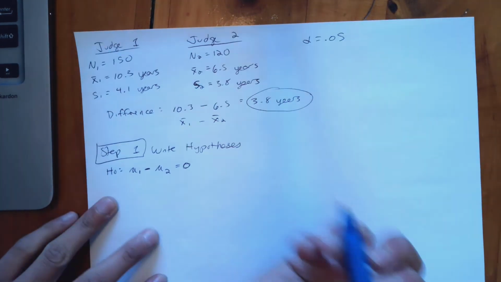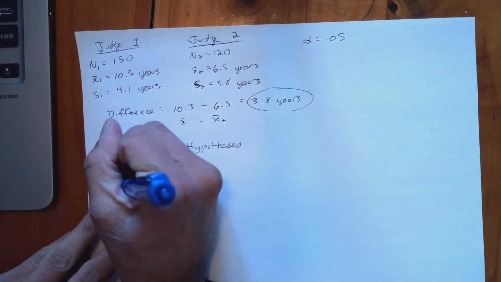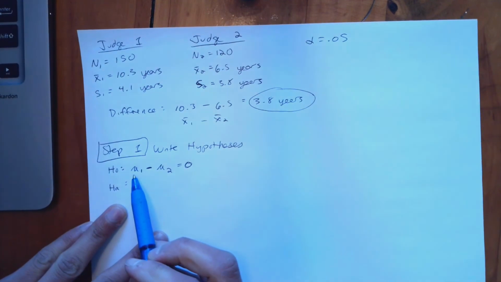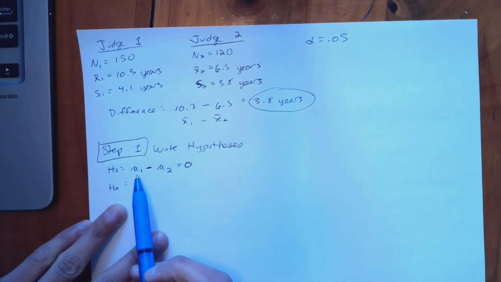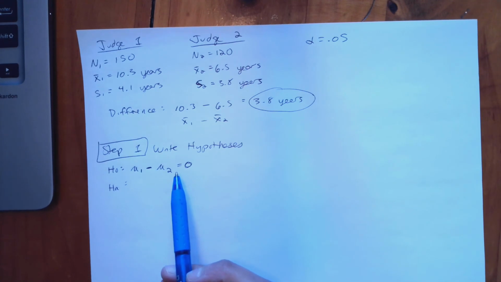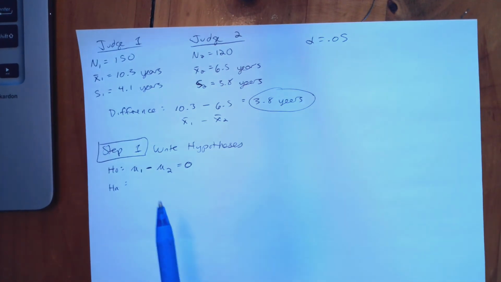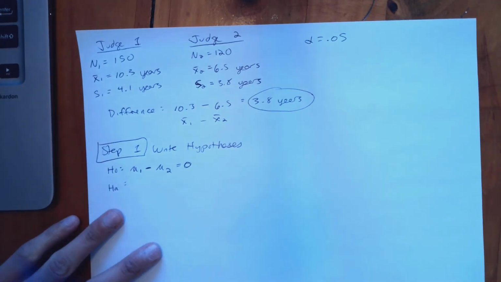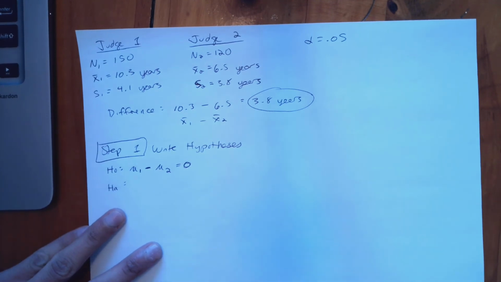Our hypotheses are the same as they're going to be every time for this test: the population mean for one population minus the population mean for the other population is equal to 0. If you took the mean of all the sentences that Judge 1 has given out or could give out, and the mean of all the sentences Judge 2 has given out or could give out, and subtracted them, you'd get 0.